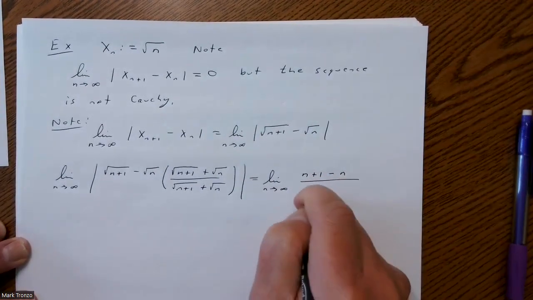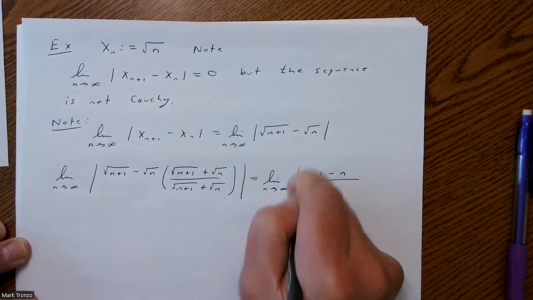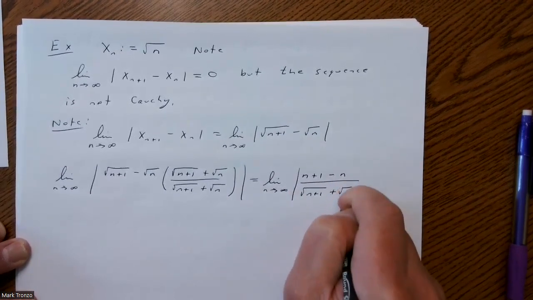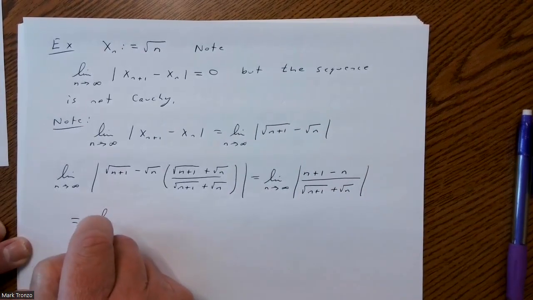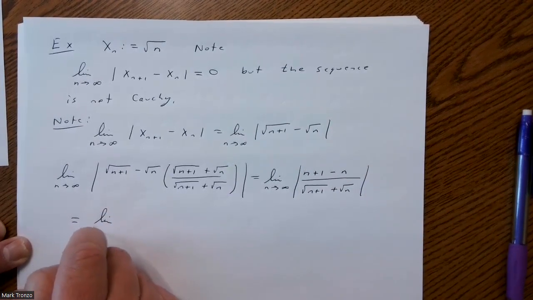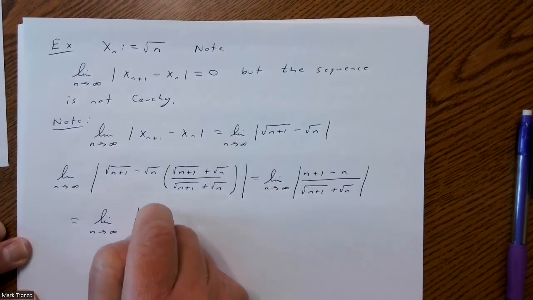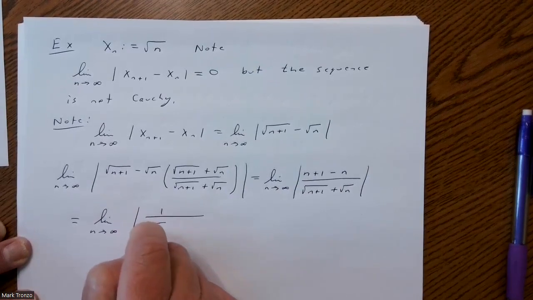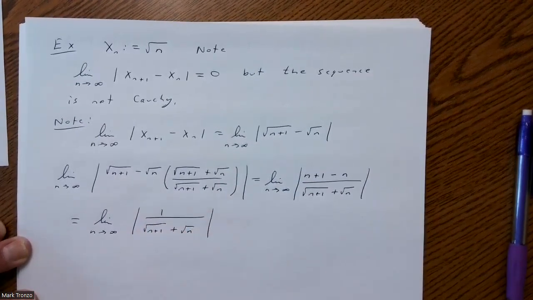And then the denominator is the square root of n plus 1 plus the square root of n. So you end up with 1 over the square root of n plus 1 plus the square root of n.